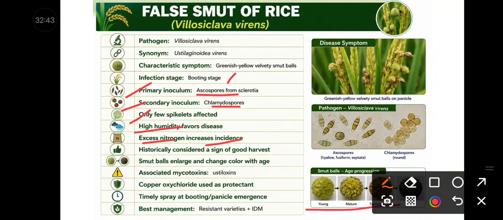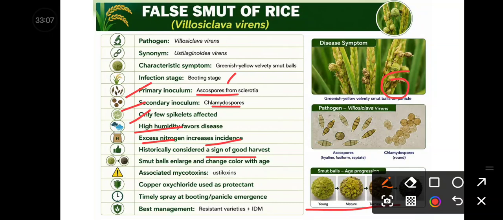And historically farmers actually believed that it is a good sign of harvest. But this is a myth. It is a disease.